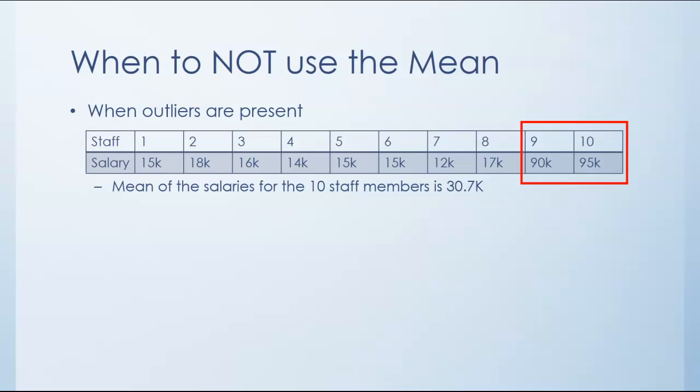We get that the mean is 15.25K, so 15,250. And that really honestly seems a little bit more accurate to the majority of the staff members that we have salaries on here.